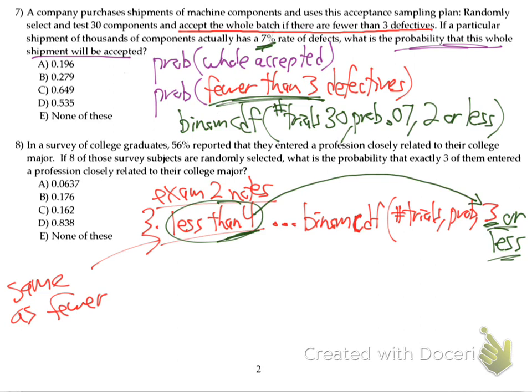With less than 4, they pop in one number lower. So fewer than 3, we put a 2 there because it means 2 or less. Hit the buttons and you'll get it. And what's the answer there? See? 0.649? Feel like that's okay? Questions I can answer on that one?